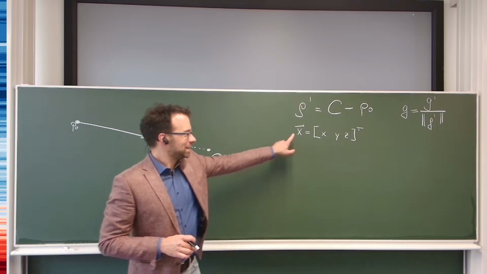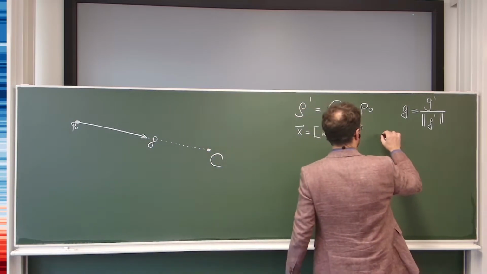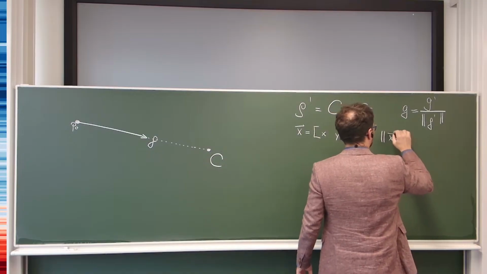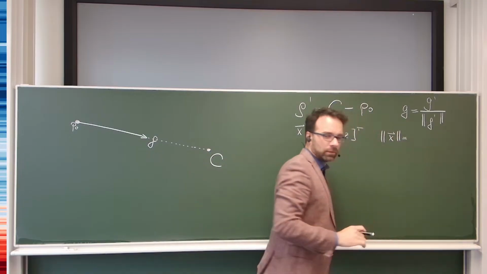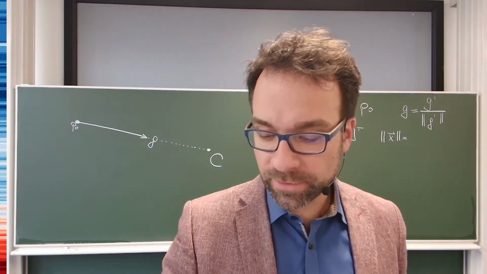So this is the vector, and that are scalars. How do we get to the length of x?